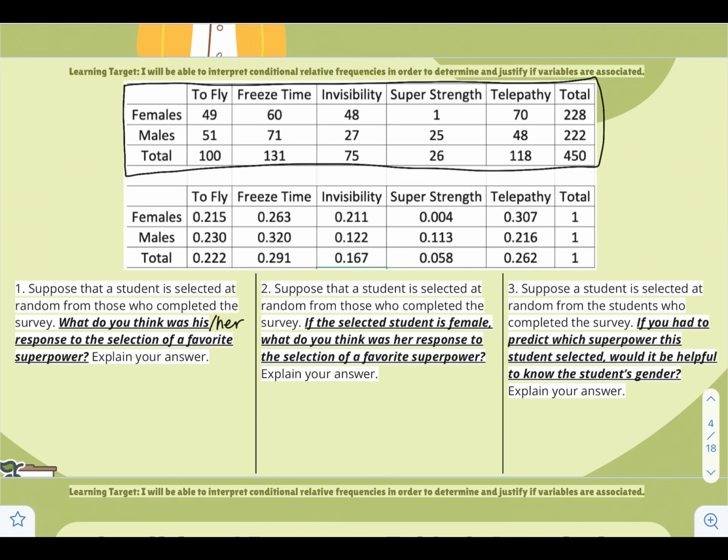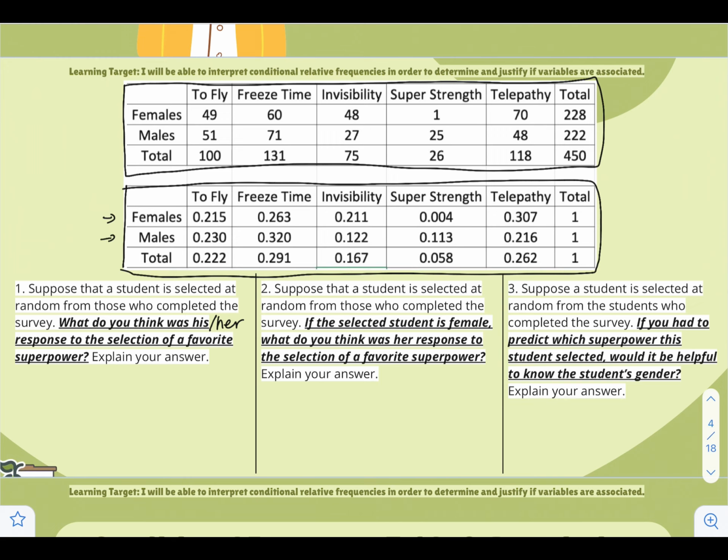The bottom one is the relative frequency, and it is based on their gender because each gender has a 1 as a total. That means it was created given each gender was already known. And if you add all these numbers here, it will get to 1.